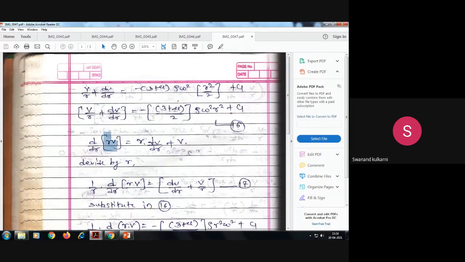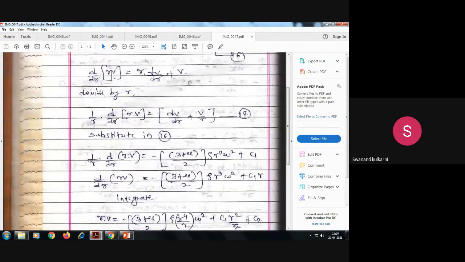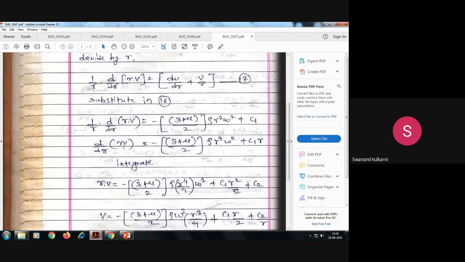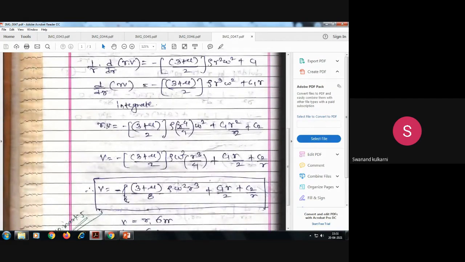Then once again, small modifications are carried out. For that, in the differentiation of this r v product, first function as it is, derivative of second, like this, the small modifications are carried here. And then these small substitutions are made here. Once again, it is integrated in order to have r into v.